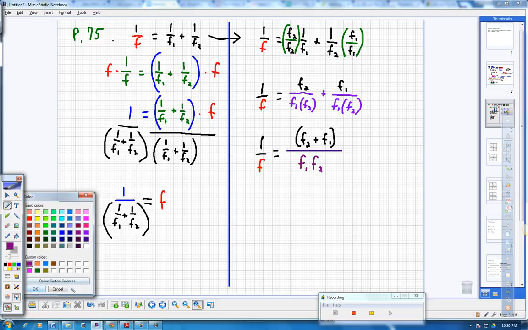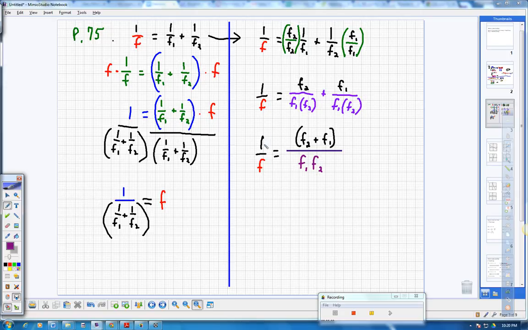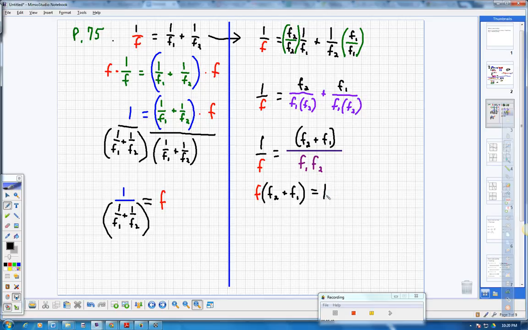We're going to multiply f times the quantity f sub 2 plus f sub 1. We're going to set that equal to 1 times the quantity. And remember, whenever I multiply by 1, I really don't have to put it in there.